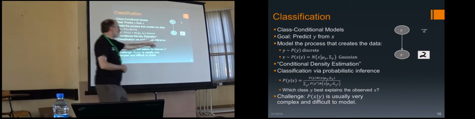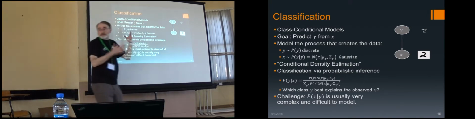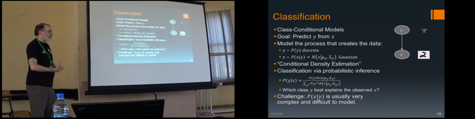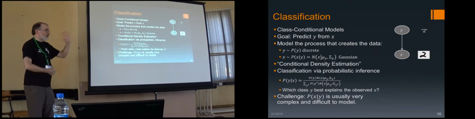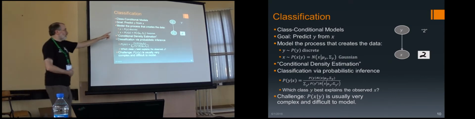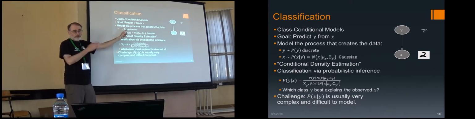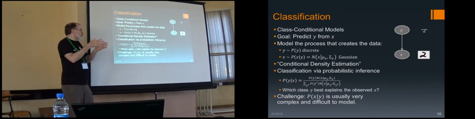I create this image by putting ink onto the paper or onto my phone or whatever. So as a probabilistic modeler, we have to choose probability distributions for these things. So we might choose that the probability distribution for the digit y is a discrete distribution, that is a multinomial distribution that assigns a probability to each of the 10 possibilities.